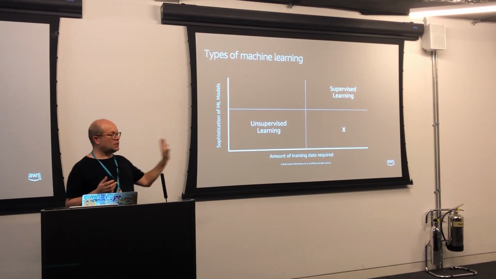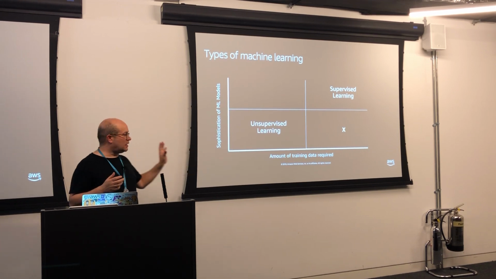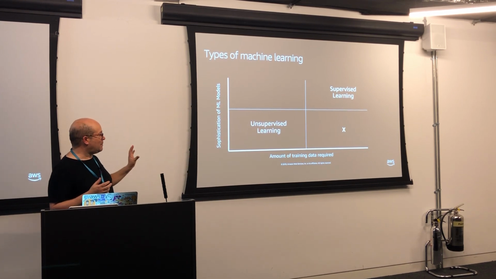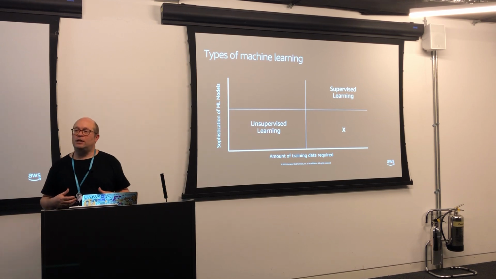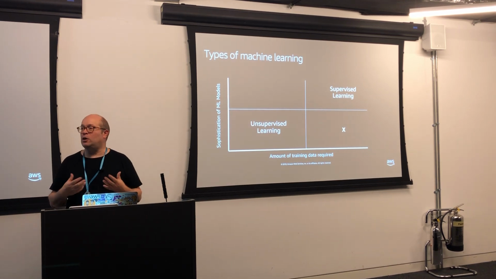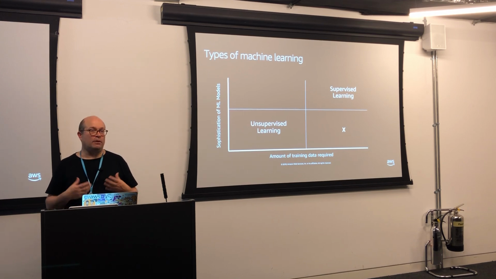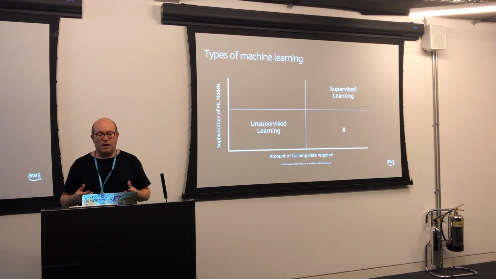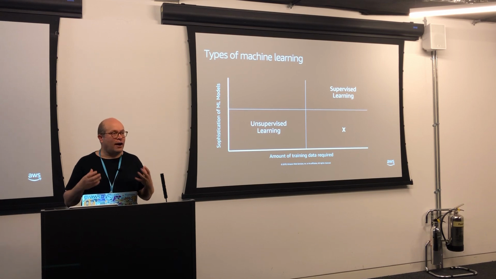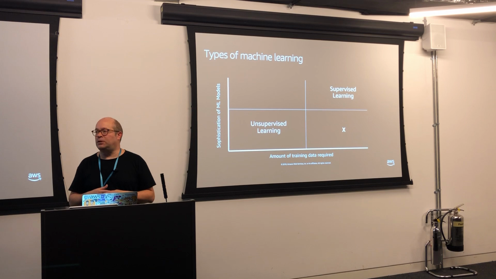The amount of data you require on the bottom is larger as you go to the right, and the sophistication is how good a job it does compared to what a human could do, and how much value this job does from a human perspective. When you've got supervised learning, you need lots of data and an algorithm, but typically it allows you to have a high degree of precision. Throw a picture of an object and it will tell you what that object is.